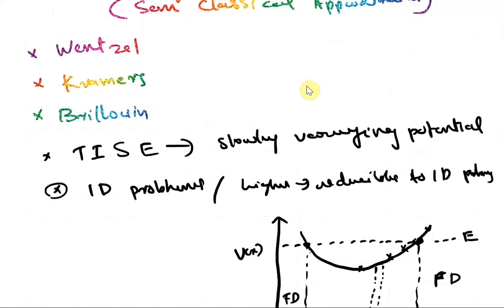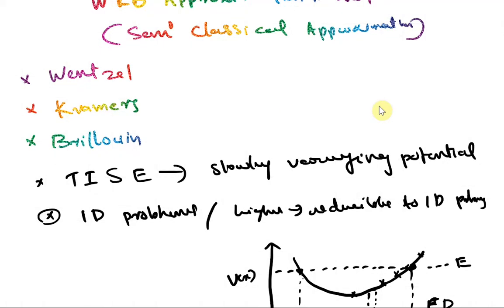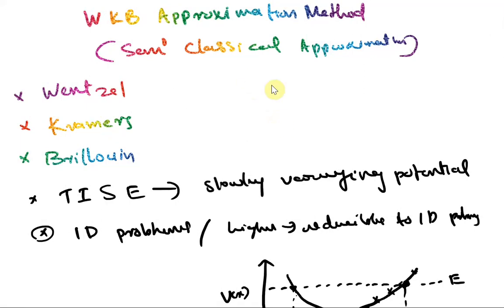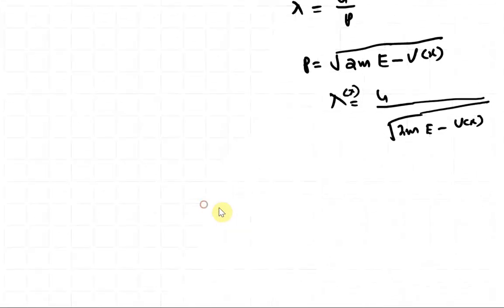It's partially taking the result from classical mechanics, something classically valid, as our initial assumption for solving this problem. That's where the name semi-classical approximation came from. So now let's develop the formal discussion of this formalism.